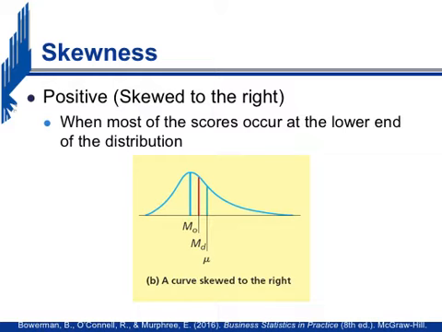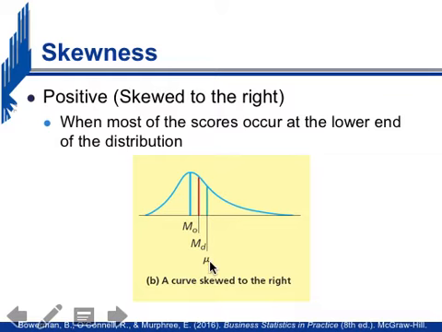So, again, looking at the formula, the skewness coefficient will only be positive if the mean is bigger than the median. So that is actually shown here. This is skewed to the right, the right tail is longer than the left tail. The mean is bigger than the median, that's why the skewness coefficient is positive.